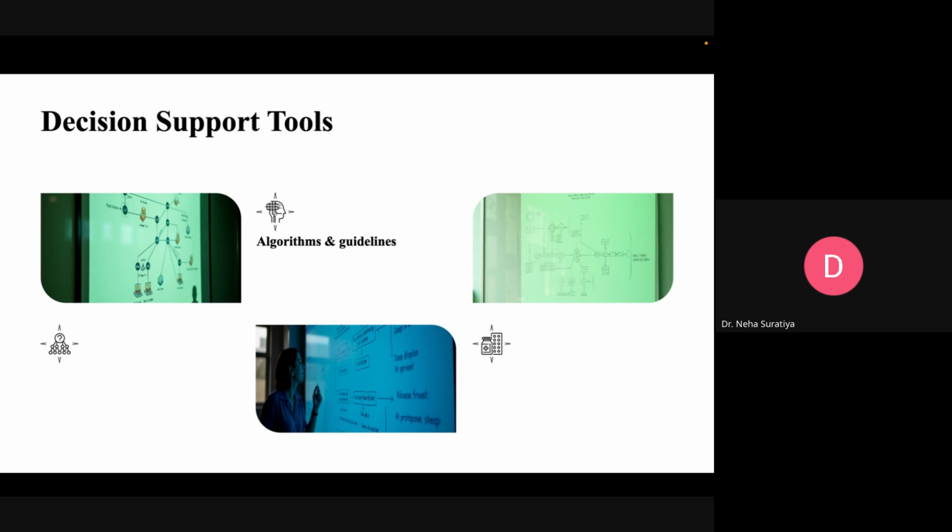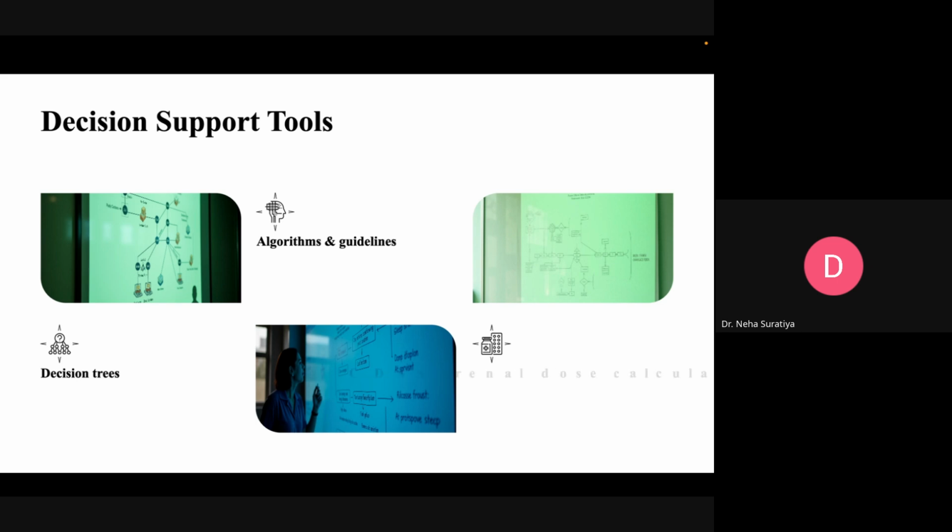For example, sepsis protocol, we have antibiotic guidelines, right? Also, we have decision trees. Decision trees means flowcharts. Flowchart style tools that guide further the choices based on yes and no questions. Decision trees generally act like that.